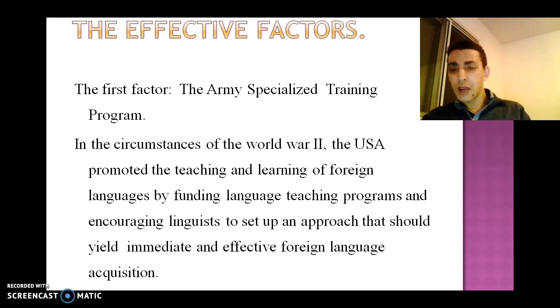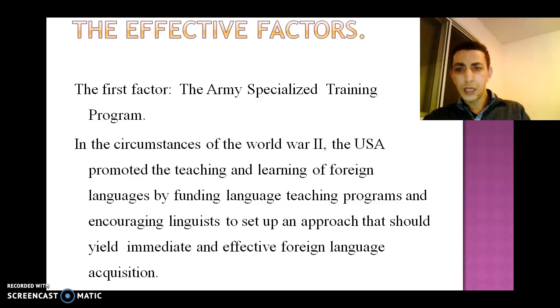There are three main factors that contributed to the emergence of the method. The first one is the Army Specialized Training Program. Because of the Second World War, the U.S. was really pushed at the time to make learners speak the language as fast as possible.